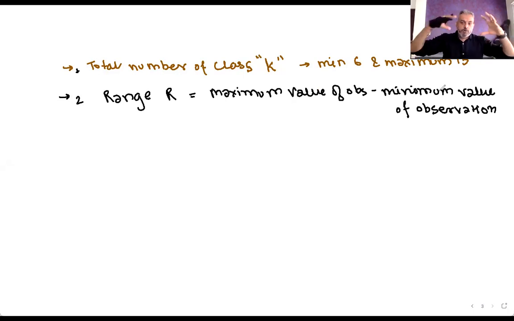Say for example, you have a data where minimum value is 8 and maximum value is 88. So your range is 80, 88 minus 8. That is known as range R, denoted by R.